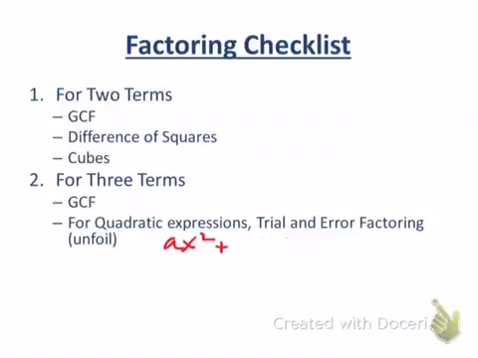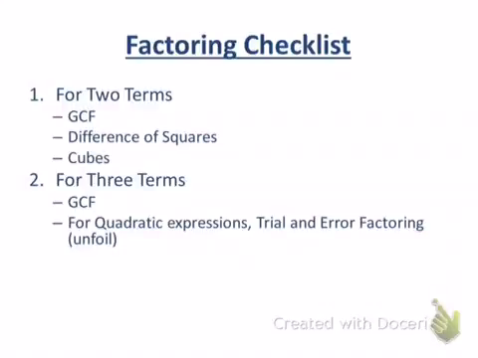So if we have three terms, we look for a GCF, and then for quadratic expressions, we use trial and error factoring to unfoil it so that we have two things being multiplied by two things. Two linear binomials will multiply to give us a quadratic trinomial, three terms.